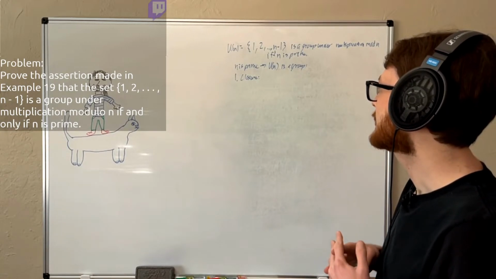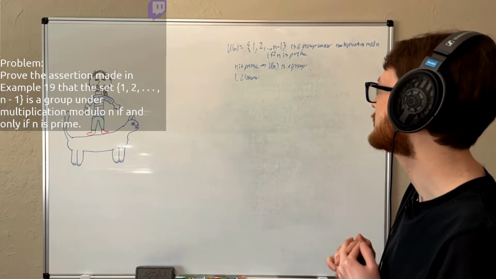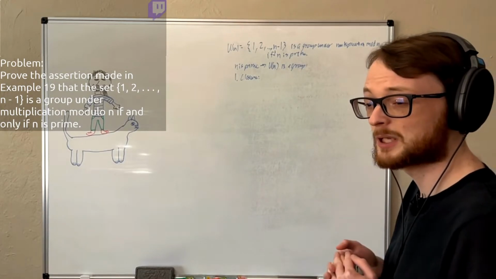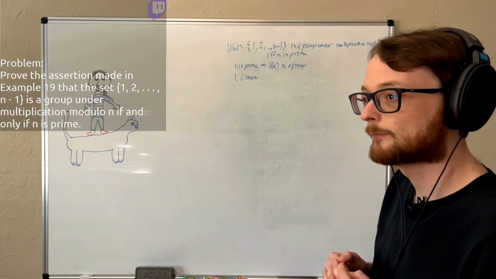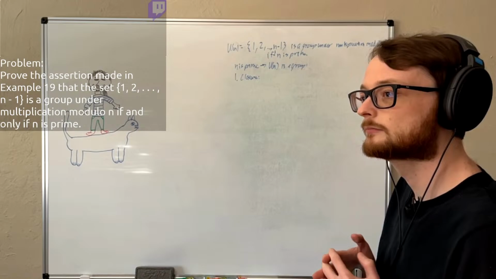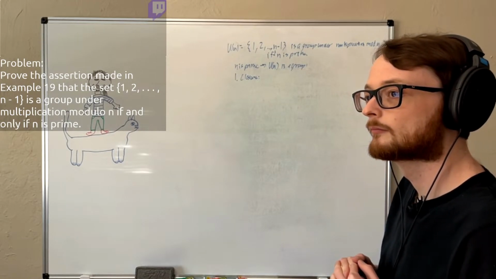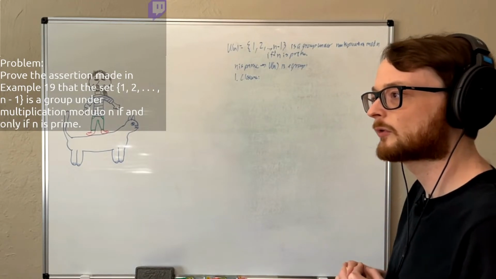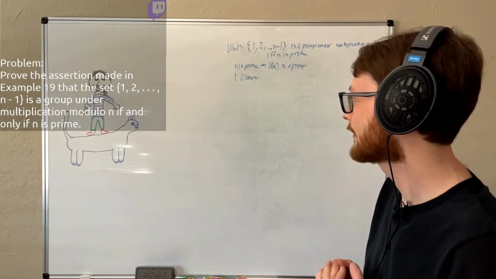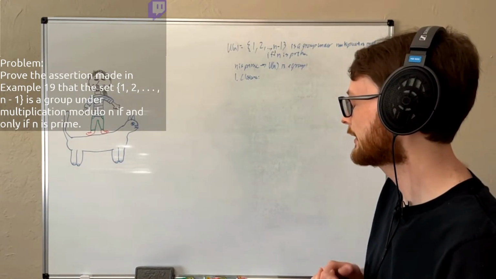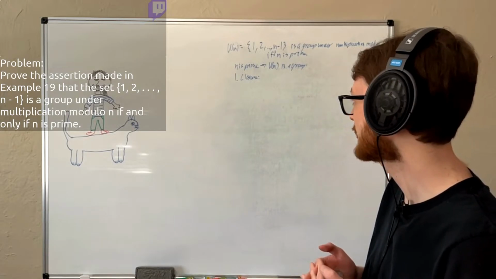And then I feel like the rest should be clear because we're either assuming or we've proven that the remainder is unique and it's between 1 and n, not inclusive of n.